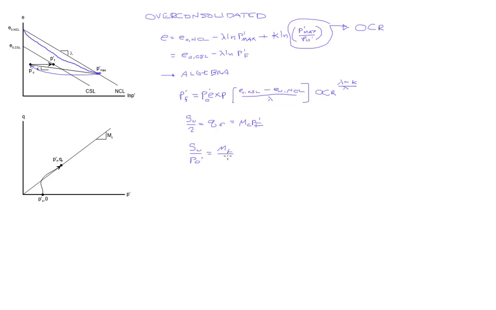And that's equal to Mc over 2 times that same exponential function, but now there's an over-consolidation term in there too. So we see that over-consolidating the clay does have an effect on its undrained shear strength. We get an OCR raised to the (lambda minus kappa) over lambda.